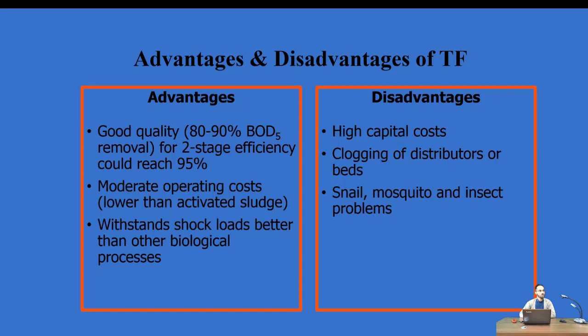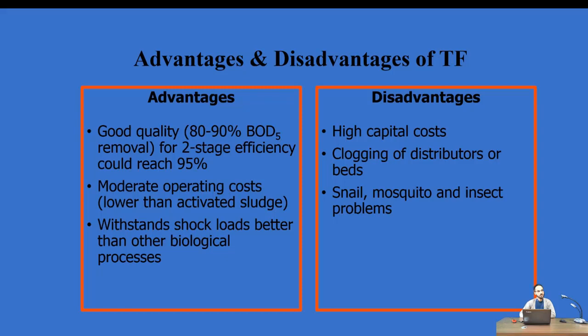Moderate operating cost, lower than activated sludge, and it also withstands shock loading. This is another advantage, contrary to the activated sludge: it withstands shock loading better than the other biological process.